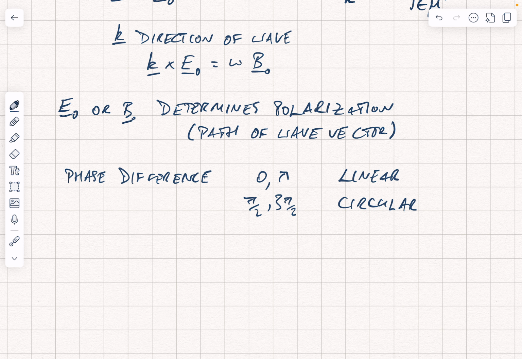So for circular polarization, we want E0x to equal E0y, and all other conditions give us elliptical polarization.